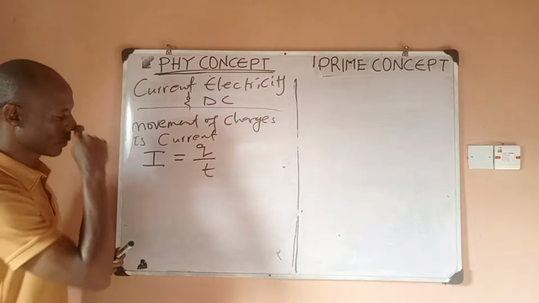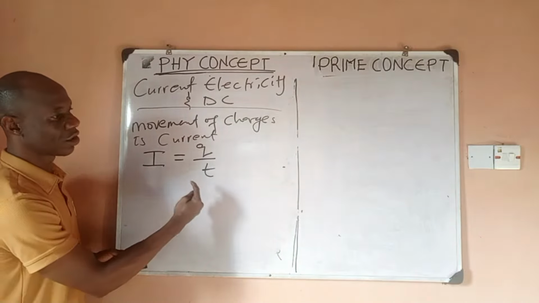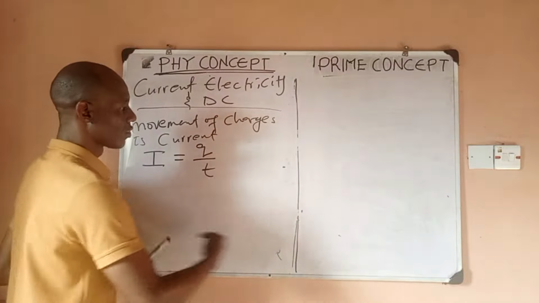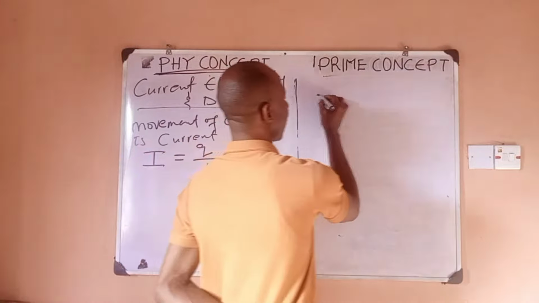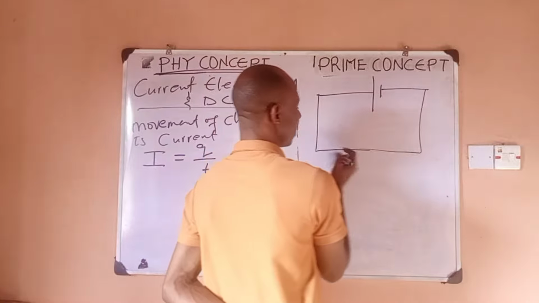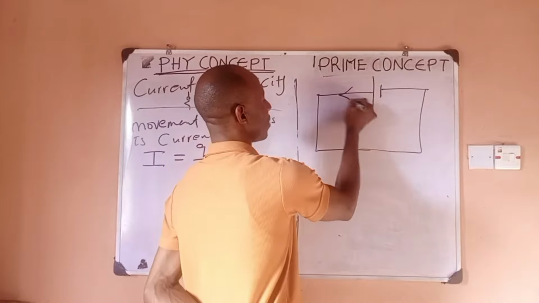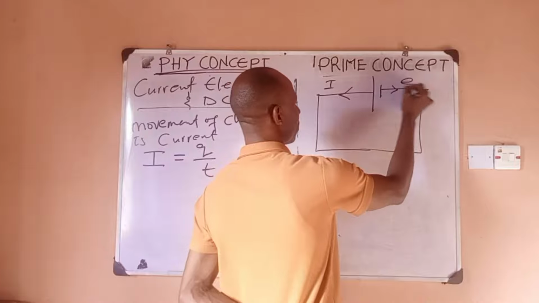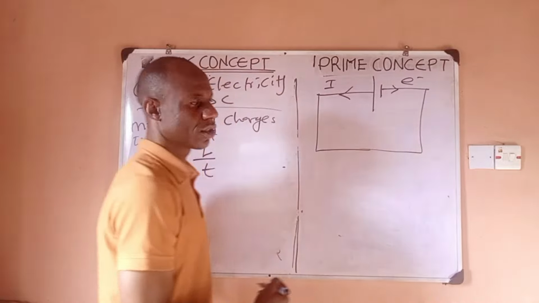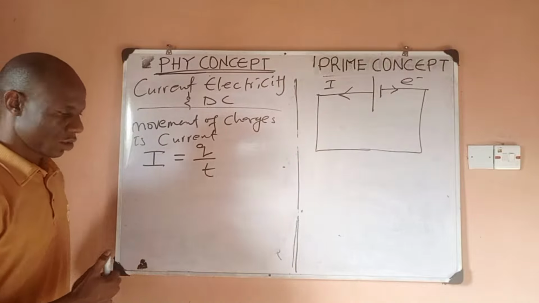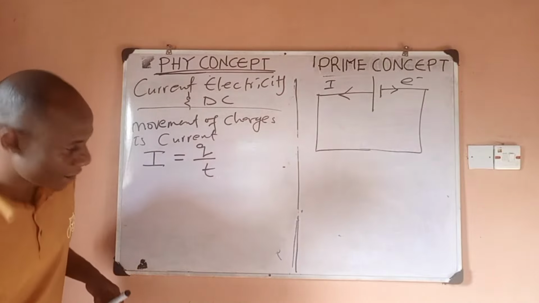So you should know that. Which means that electrons flow from the negative part of a battery, while current flows from the positive side. So if I have a circuit like this, this is a battery, I have this, and this is a wire, it means that current would flow this way, in this direction, while electrons would flow in this direction. So you should take note of this as an exam question. So now this is electric current.